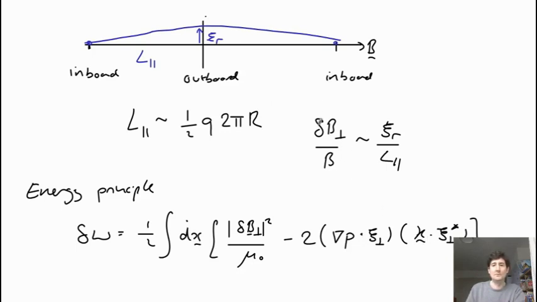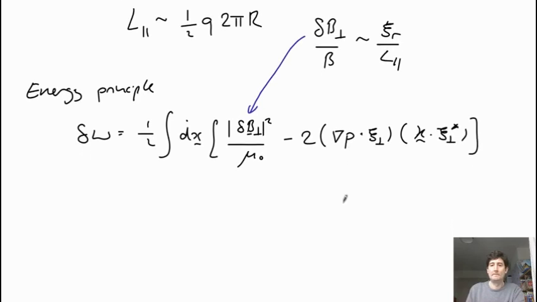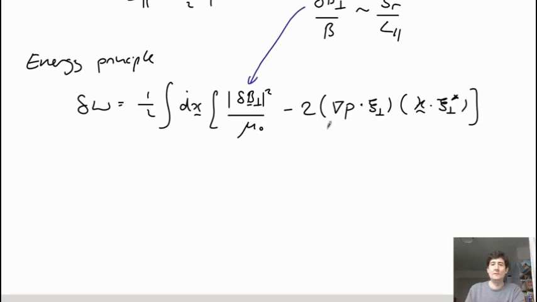And so we can approximate this delta B perp by using that, and then we can make an approximation for what this term here looks like as well. So at the outboard midplane, this is like the radial perturbation, and so this part here is basically like dp by dr times psi r.